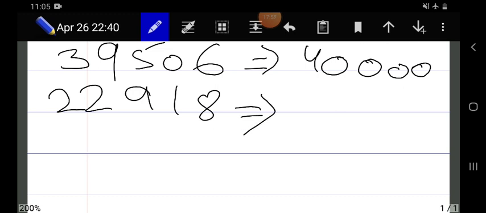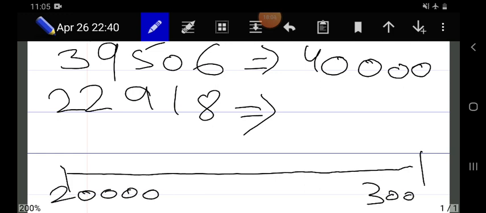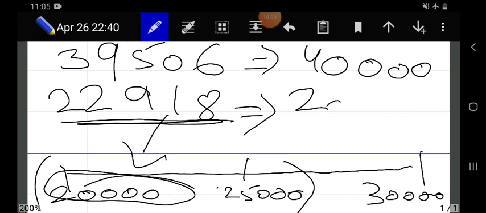It lies between 20,000 and 30,000. The midpoint will be 25,000. So this number lies between 20,000 and 25,000, that is, in counting it comes between these two numbers. So we are going to estimate it to the nearest 20,000.